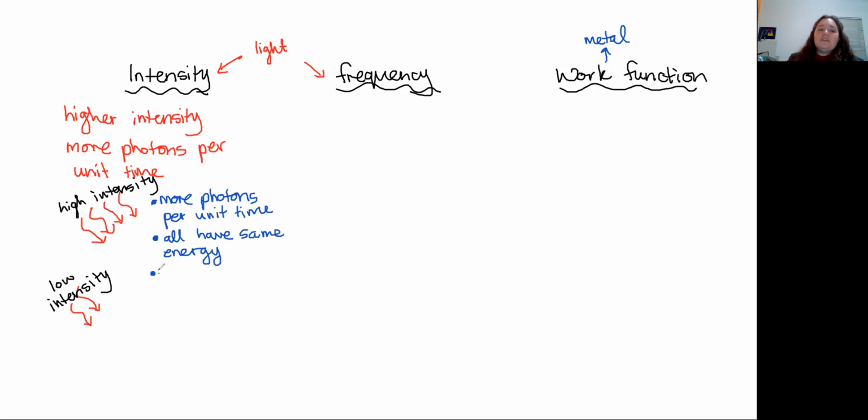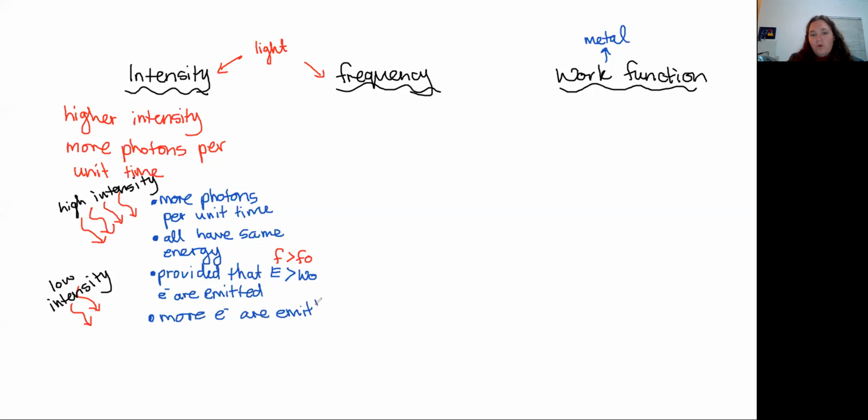And what will happen is that provided that the energy of the photon is greater than the work function, which could also come down to the fact that the frequency of the light is bigger than the threshold frequency, these two are effectively the same concept. So provided that the energy is big enough or the frequency is big enough, we will have emission. Electrons are emitted. But because we have more photons, more electrons are emitted.